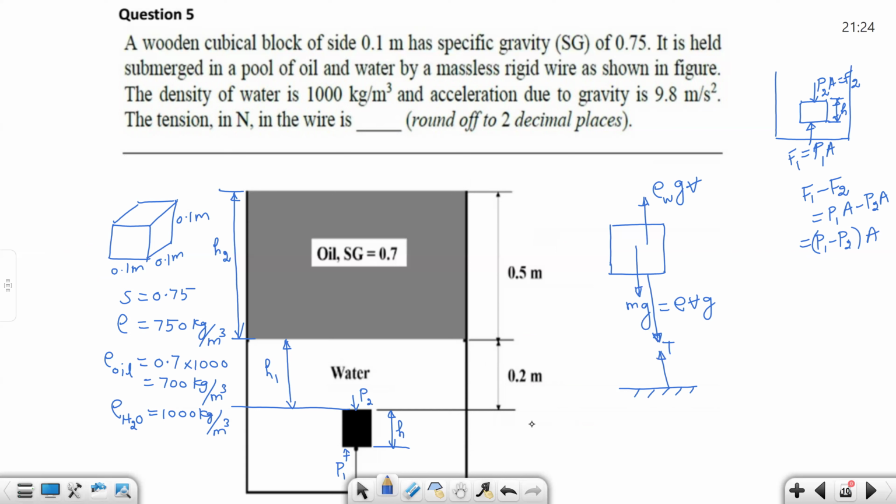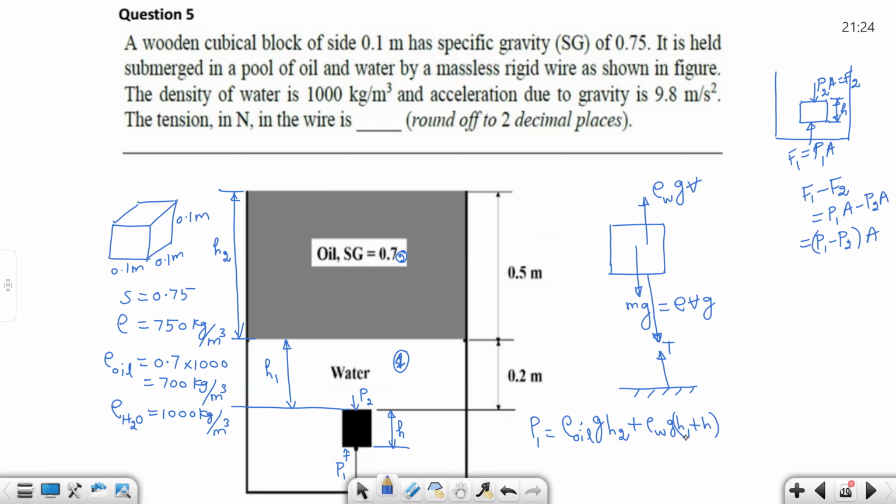Now if you look at that, the pressure at the bottom, I take it as liquid 1, density of oil into g into h2 plus density of water g into (h1 plus h).